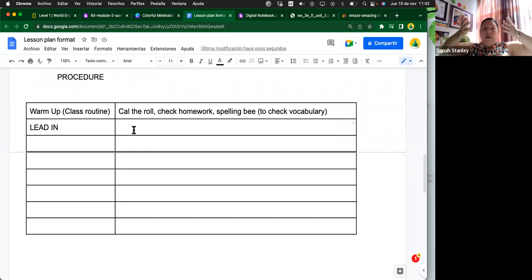So that would be very easy and they will recall the specific information and it's general information, okay? Entonces, teacher will elicit pictures of their community.